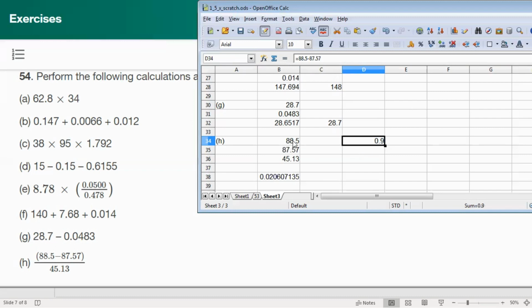Do you see how this minus this results in 0.93, but it says to retain the number of digits past the decimal point of the input with the least number of digits past the decimal point. And so we only have one significant figure when we do this subtraction.